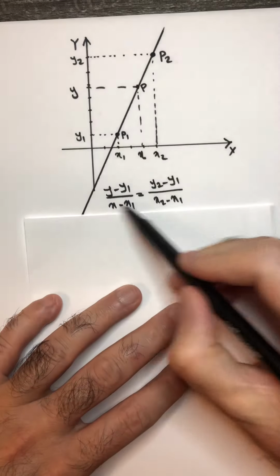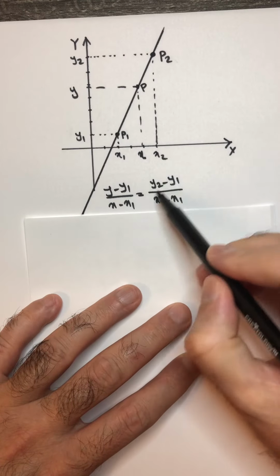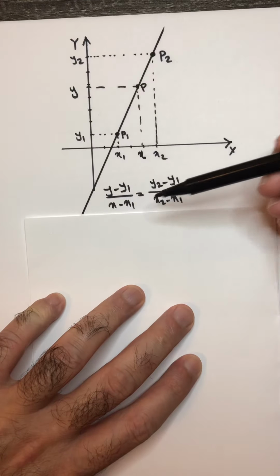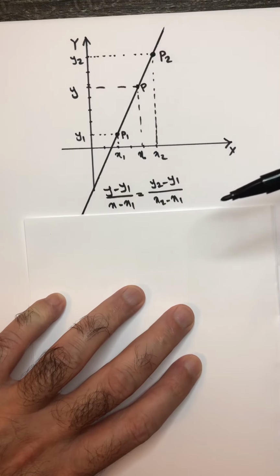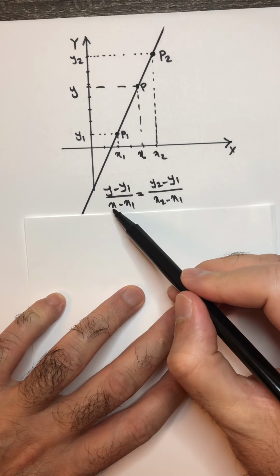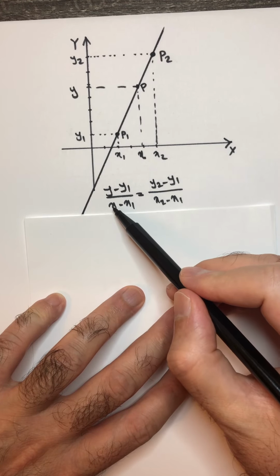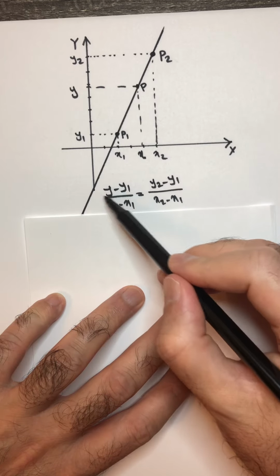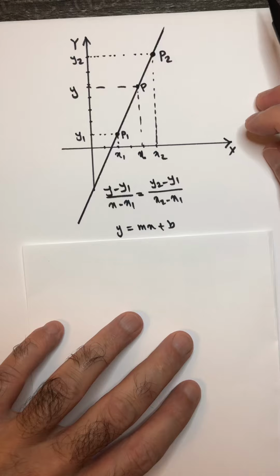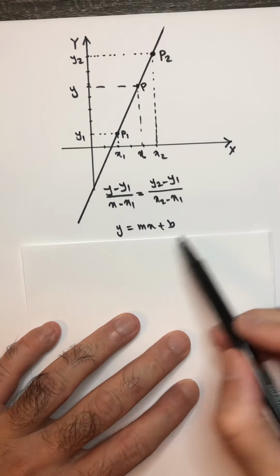So these two values are equal. And this by itself is a representation of the equation of a line, because we can insert any number into x, do the math, and find a value for y. But we want to write this in the form of y equals mx plus b.